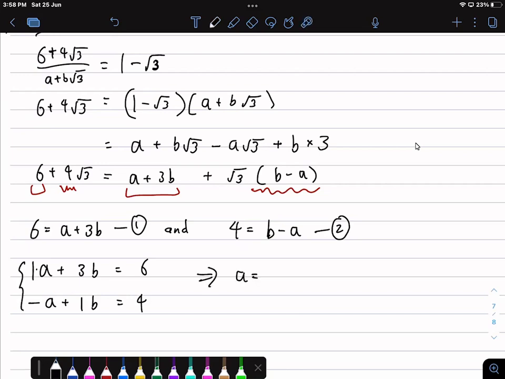I'll get a equals to, let me just use my calculator. I could solve it manually, but why do that when you have a calculator? Do you want me to show you how to solve it manually? What do you mean? Like solve the simultaneous equations?